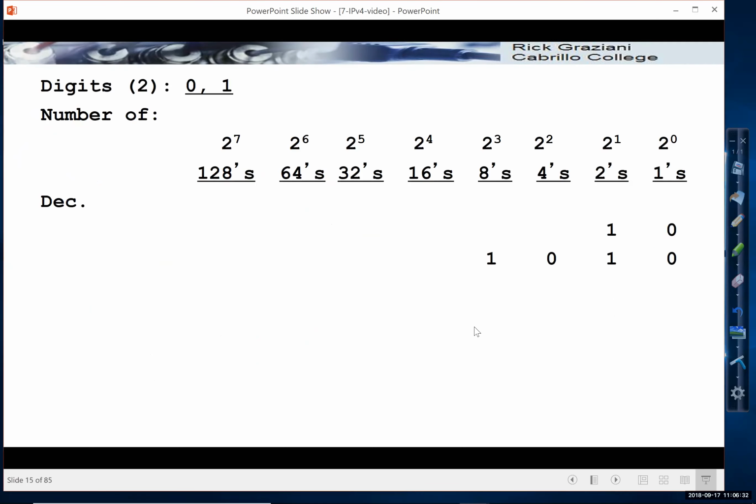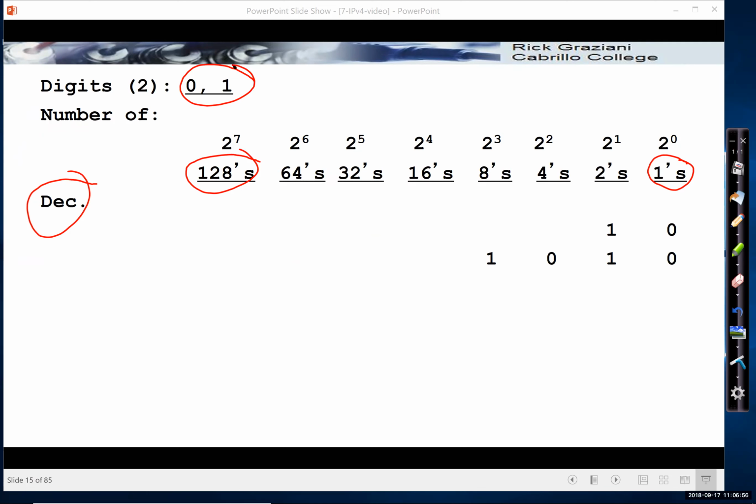All right, so using our number system rules, let's take a look at doing some conversion from binary to decimal. Here are our columns starting at ones all the way to 128s. In each one of these columns, we can only put one of these two digits, a 0 or a 1.